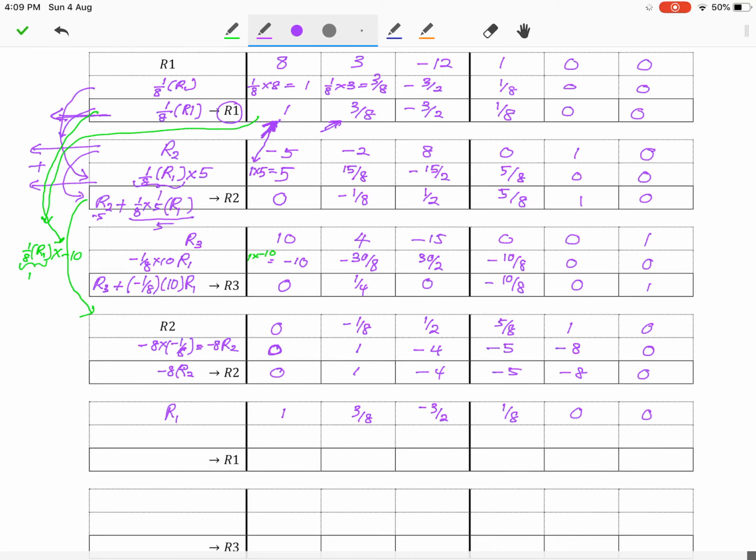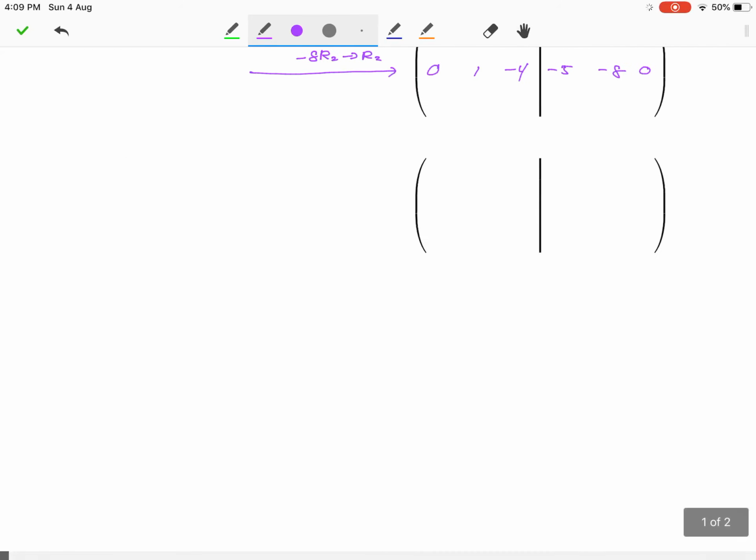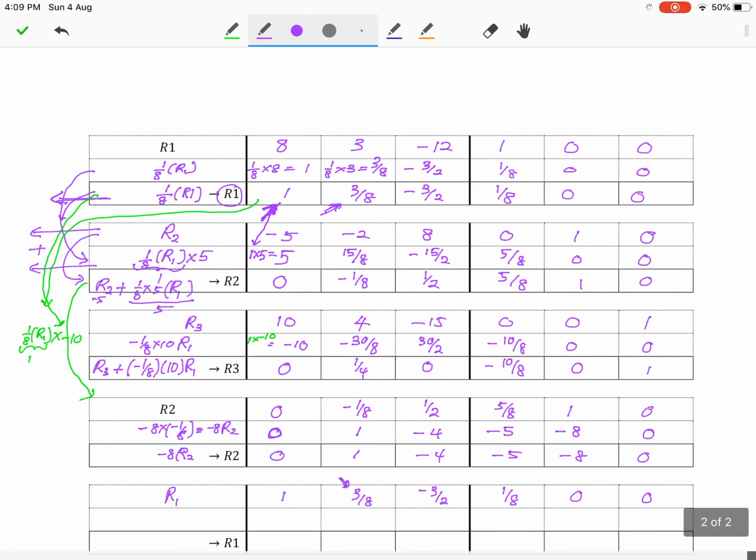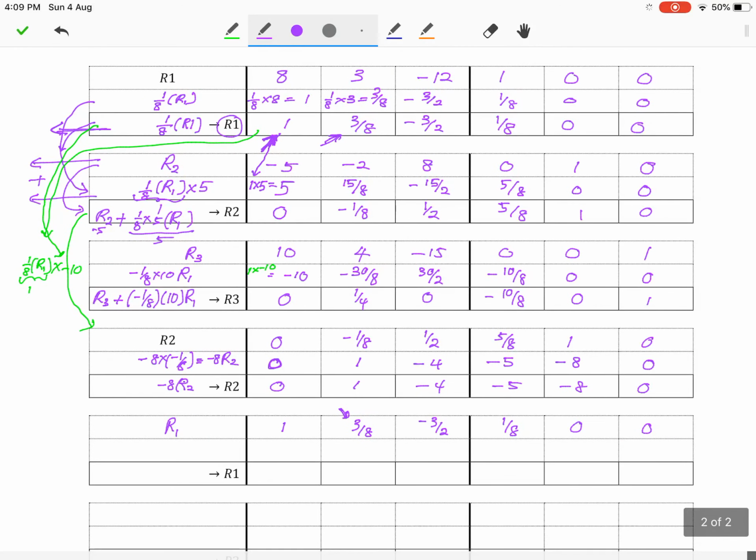And again, I want this part to be 0, because 3 over 8 is in the current position, which needs to be changed into 0. So if I add negative 3 over 8, I will get 0.